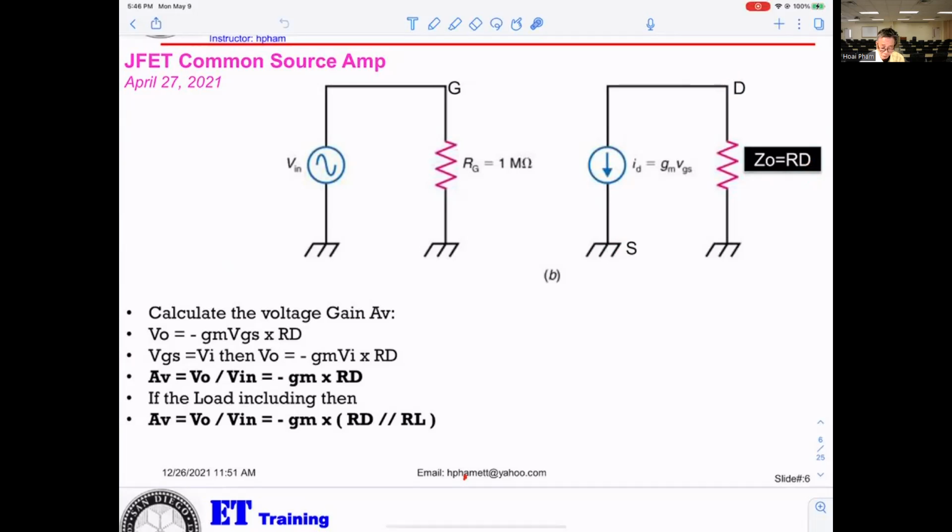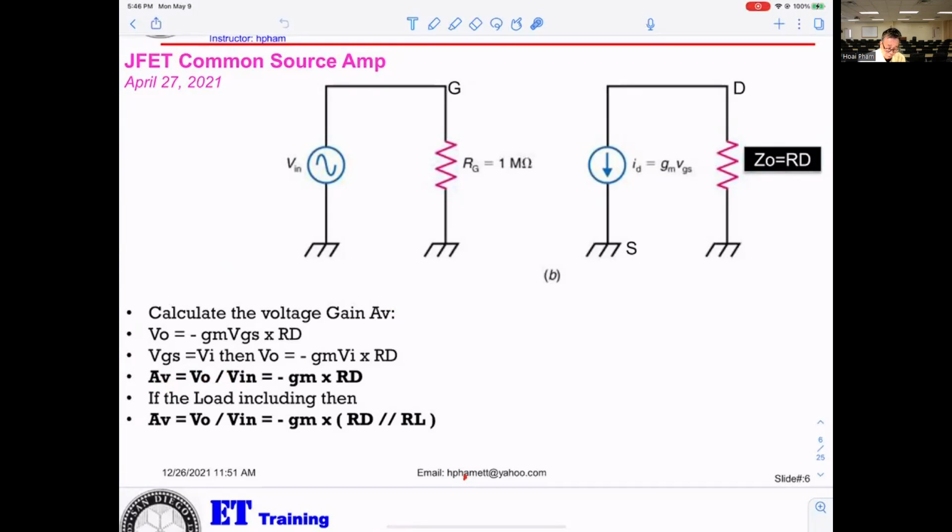So if you want to see the input impedance, you're looking this way. If you're looking at output impedance, looking from outside to the output here, you can get only one resistor in this case.